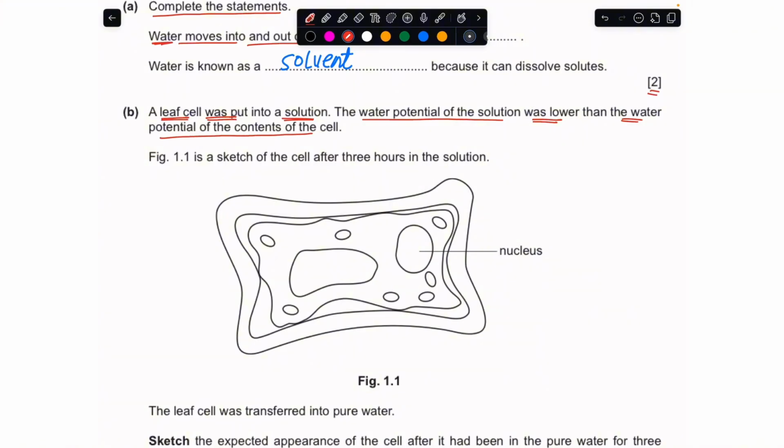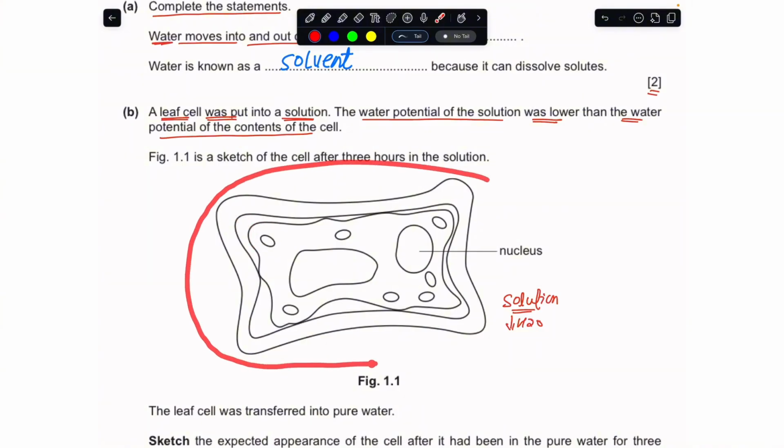So the solution on the outside of the plant cell has a lower water potential, which means that the cellular content has a higher water potential and the water would move out of the cell. As a result, the large vacuole and the cytoplasm decrease in volume, and the cell membrane appears to pinch away from the cell wall. And this is why this plant cell now looks flaccid, or floppy.